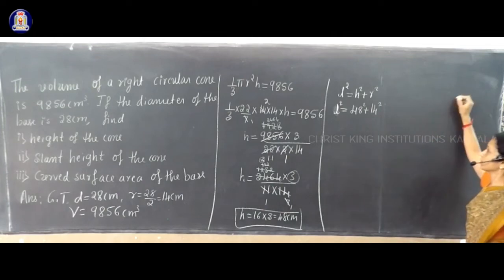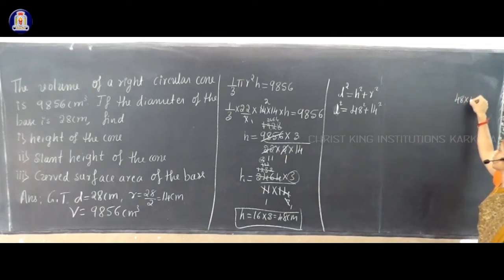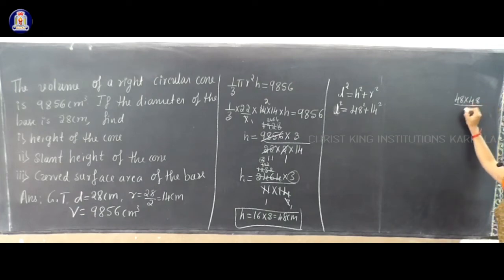And you multiply 48 into 48. 48 square means 48 into 48. 8 into 8, 64. 6 left. 8 into 4, 32 plus 6, 38. Then 4 into 8, that is 32. 3 left. 4 into 4, 16 plus 3, that is 19.